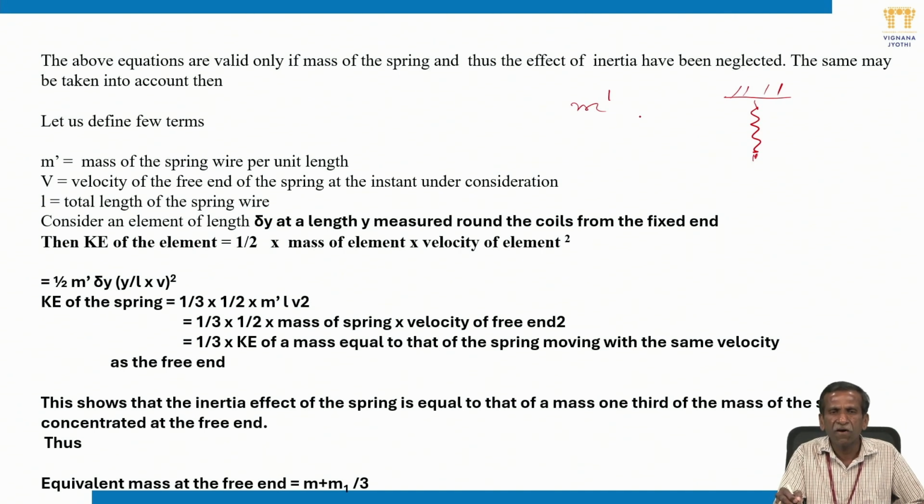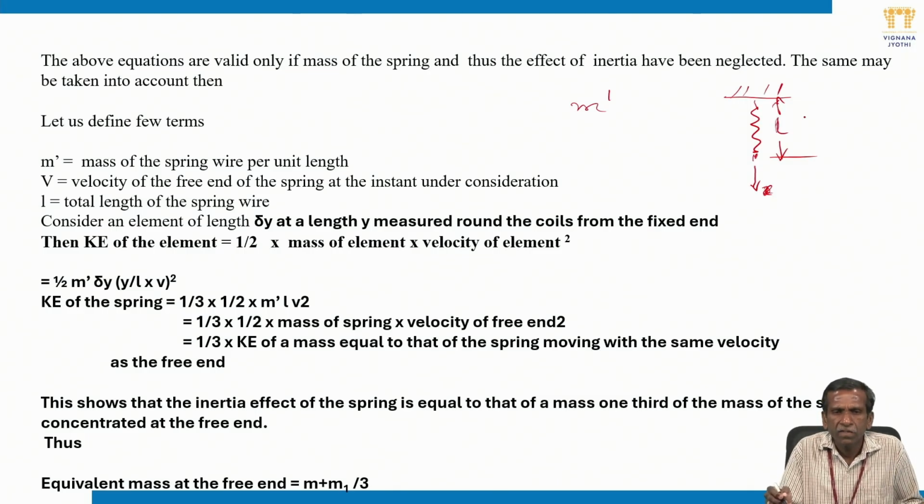Then v is the velocity of the free end of the spring at the instant under consideration, when it is displaced by x. L is the total length of the spring.